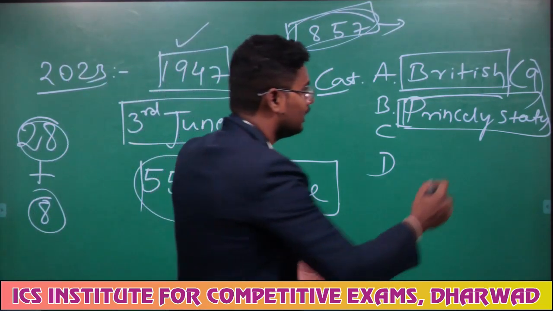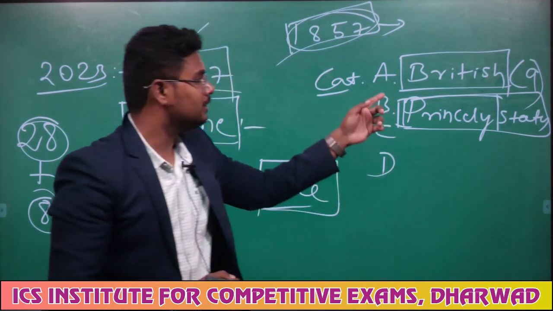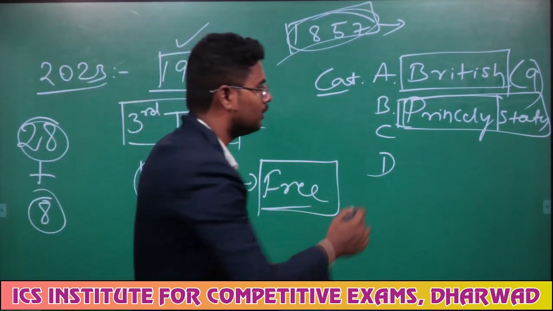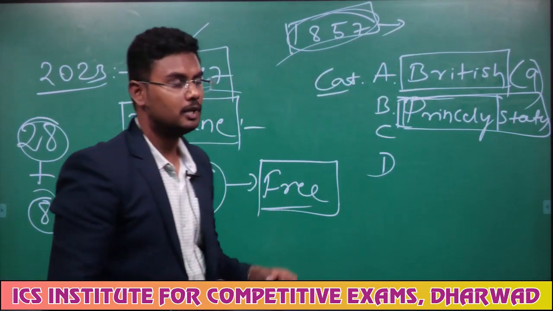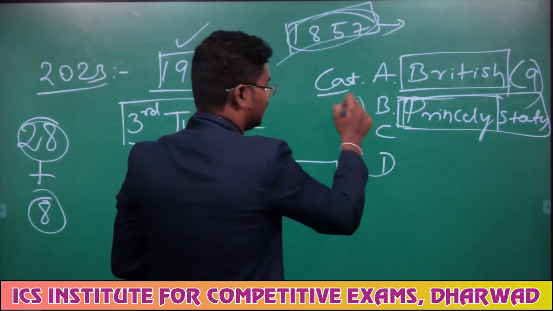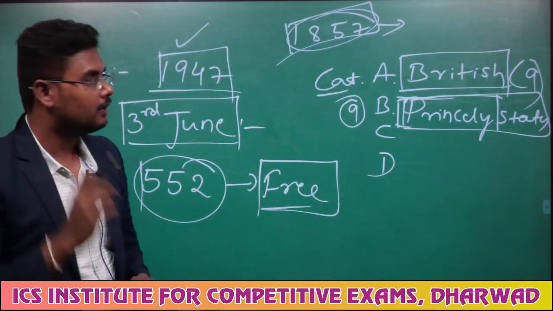So they became protectorate states in the hands of the British, but somehow they were called princely states. So 9 such princely states existed as of 1947.